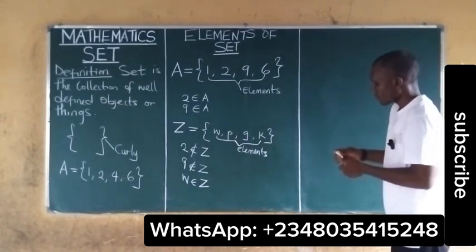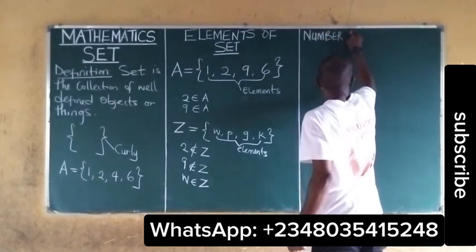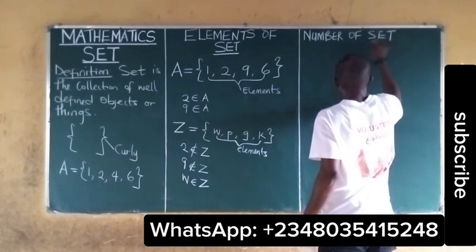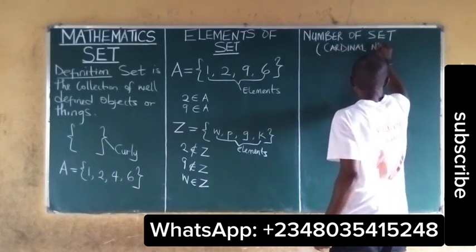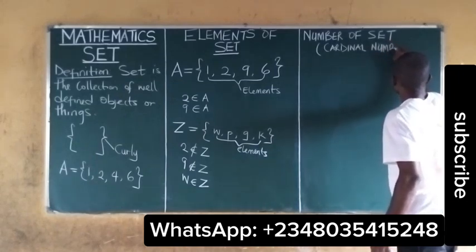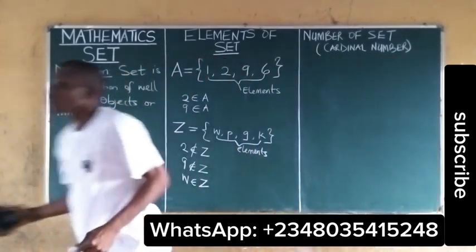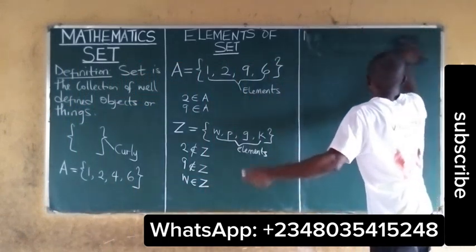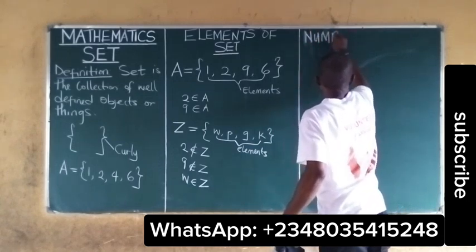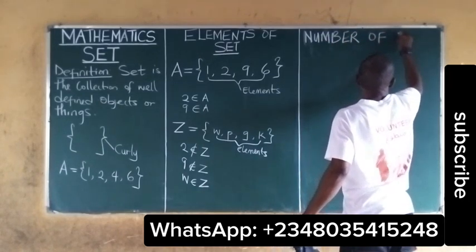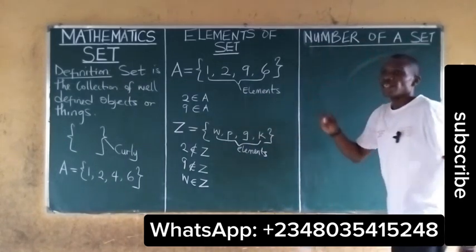This will now bring us to what is called the number of sets, better known as the cardinal number.